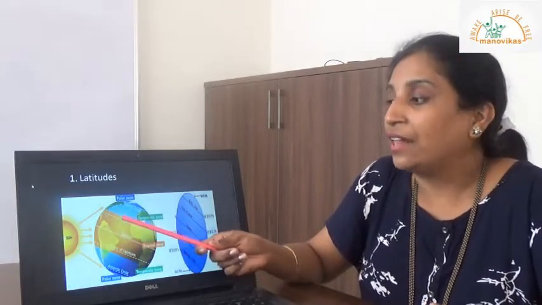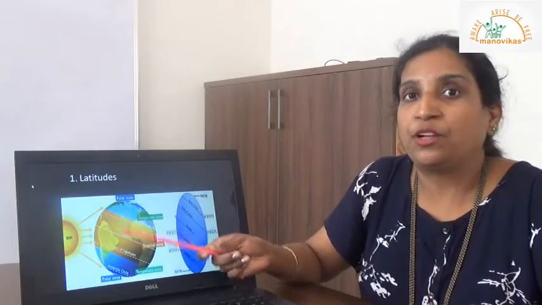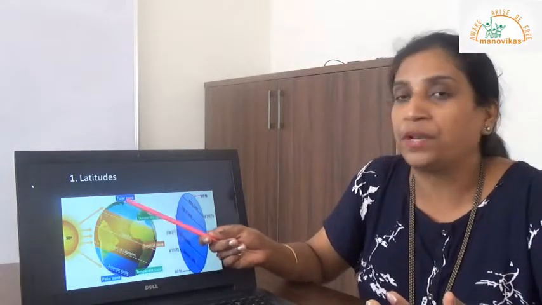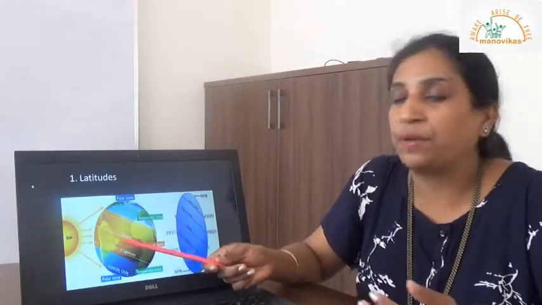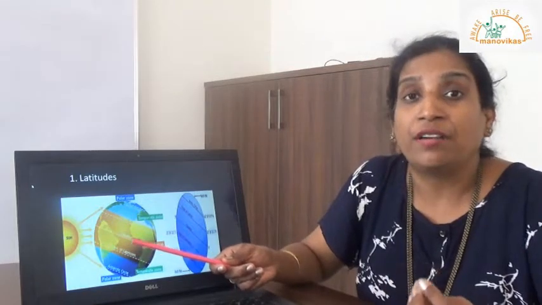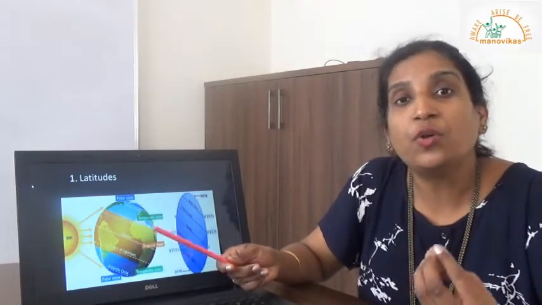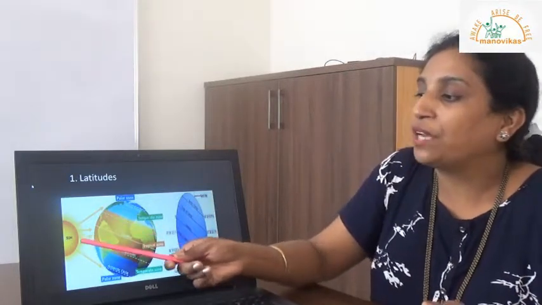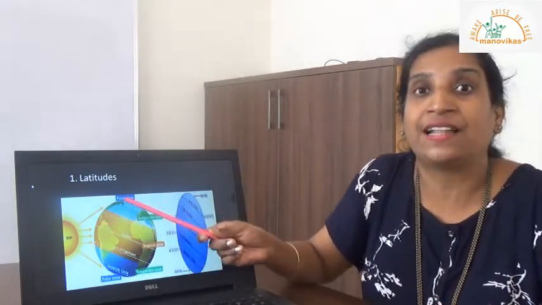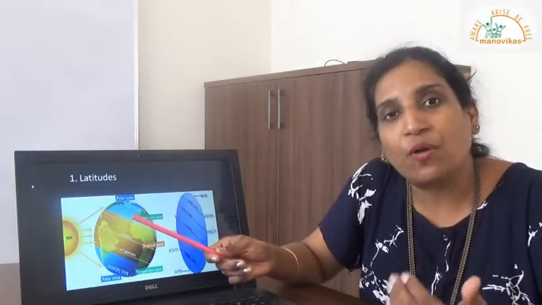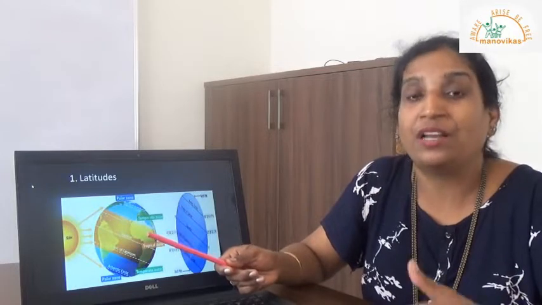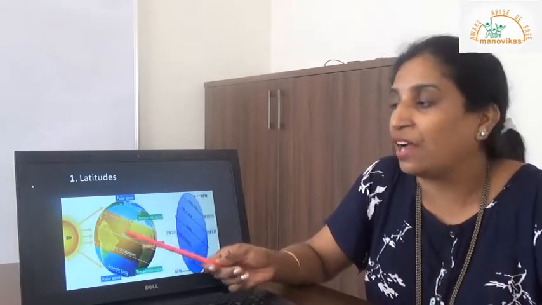As I said, the equator and the region between the two tropics will have vertical rays of the sun, and above the Tropic of Cancer and below the Tropic of Capricorn, the sun is never going to shine vertically overhead. So it will always receive inclined, slanting rays of the sun. Because of the slanting rays of the sun, the heat is also less. The temperature also is not very high.